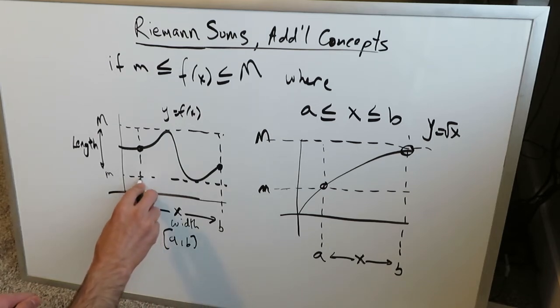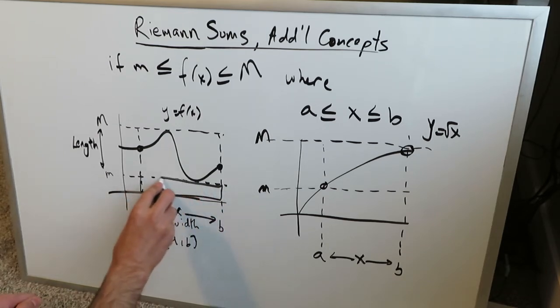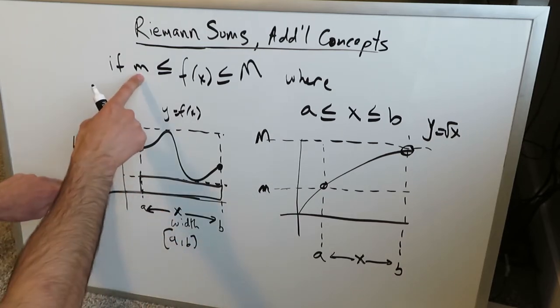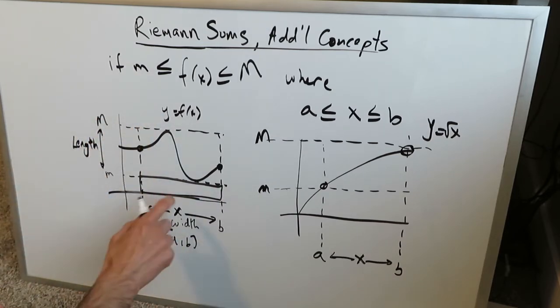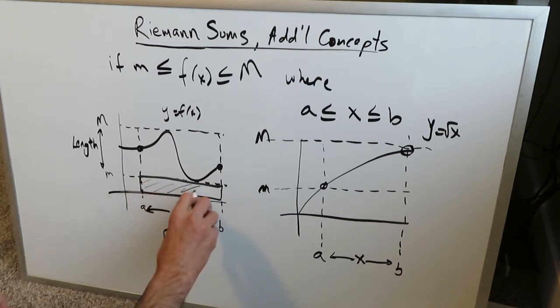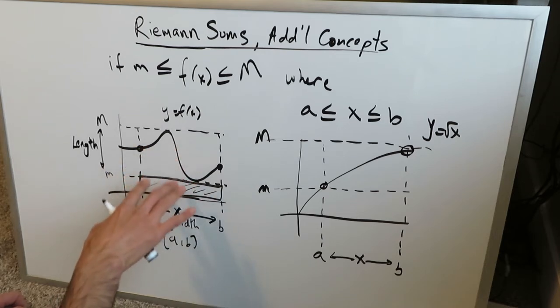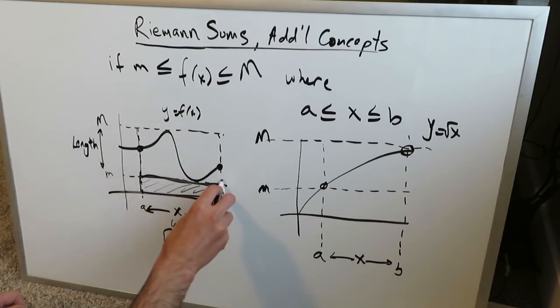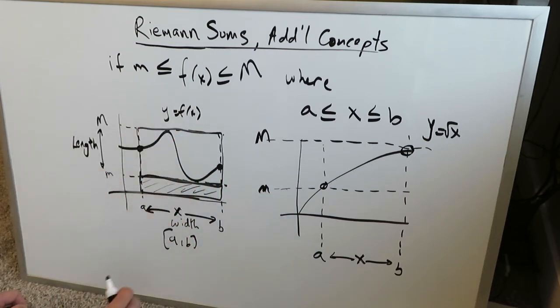This lower rectangle represents the area at the minimum, the lower extent of the area below this curve. The other, larger rectangle represents your maximum. So you have a minimum area and a maximum area.